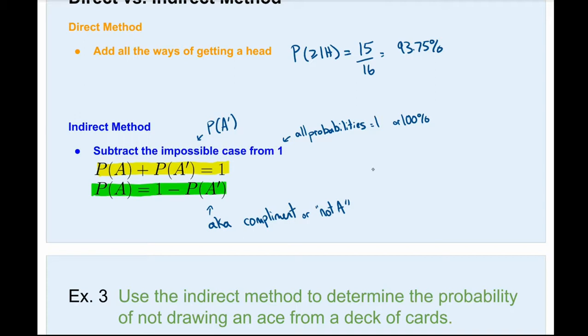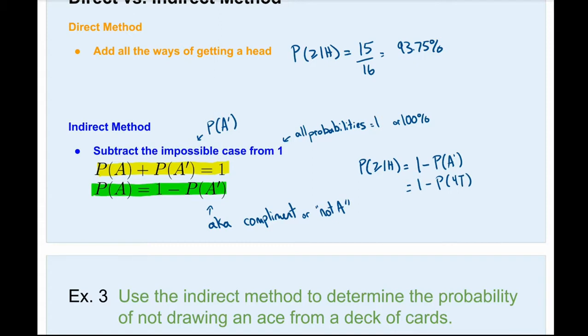So in this case, if I'm looking for the probability of at least one head, then I'm going to do 1 minus the probability of not getting a head. And the only way I could not get a head would be if I get all tails, so the complement, or if we want to rewrite it just to kind of show where this is coming from, I'm going to say 4 tails, or all tails.